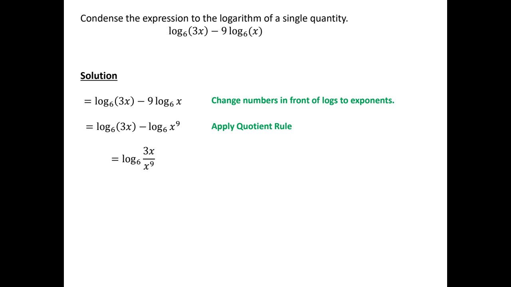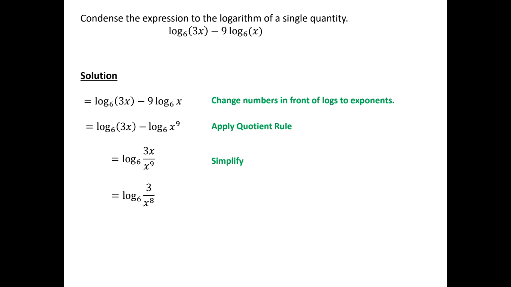I went from two logs to a single log, log of base 6 of 3x divided by x to the 9. Okay. All right. We can simplify. So we can simplify the x's. We want to always simplify. So I have an x to the 1 on the top, x to the 9th on the bottom.